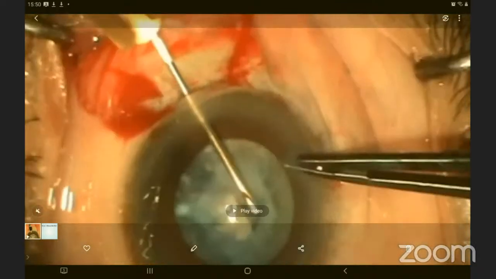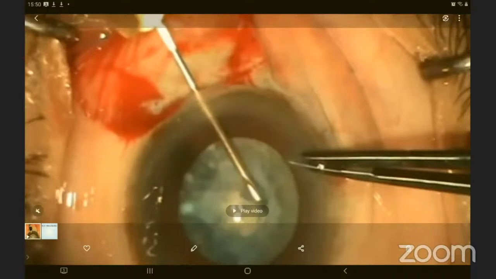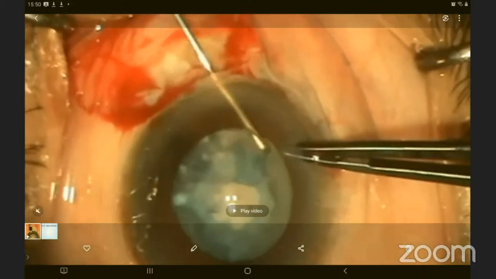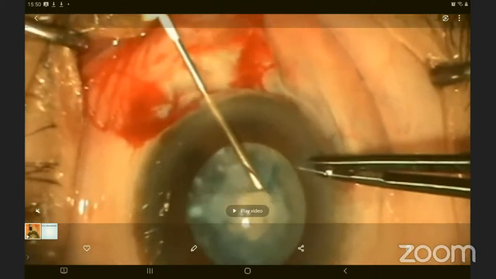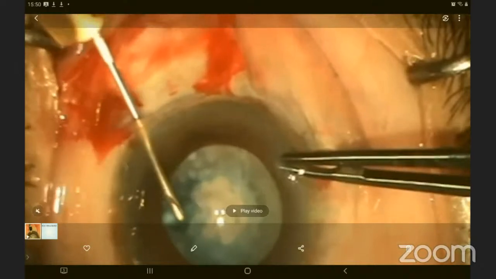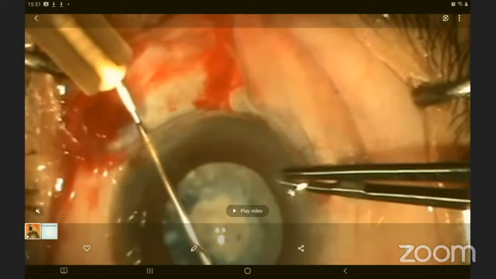And extended the tunnel. So while doing rexis, I noticed that the capsule was very rough and it was completely stuck to the underlying thick plaque. I wanted to make a large rexis in the first go itself, but the capsule wasn't moving very easily and my rexis became small.